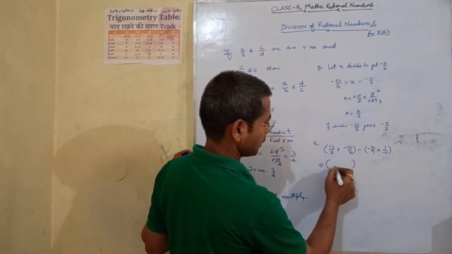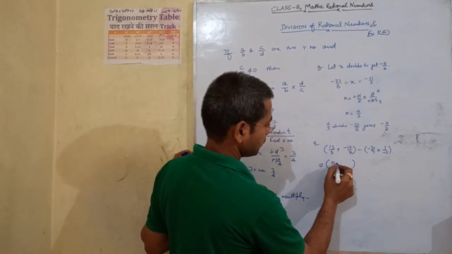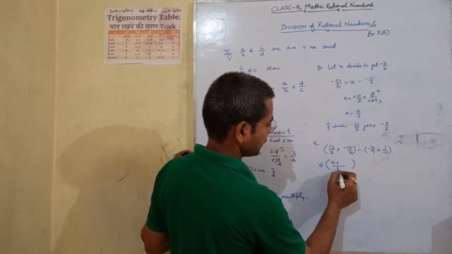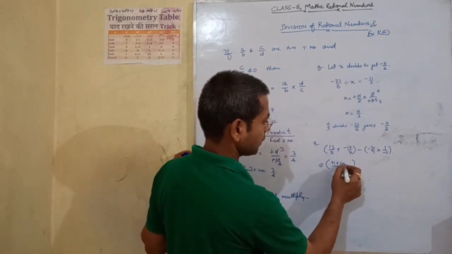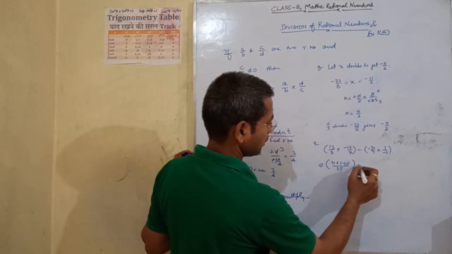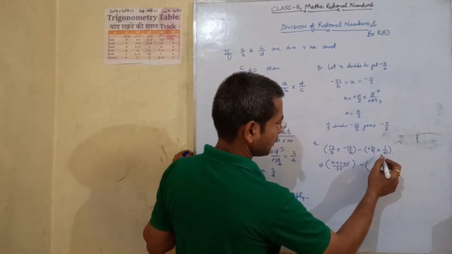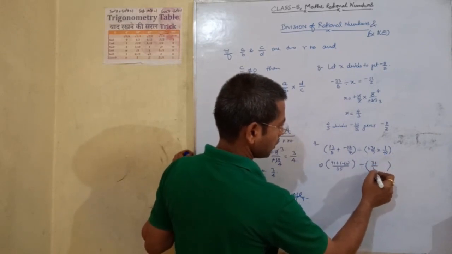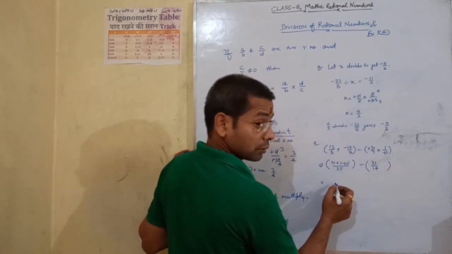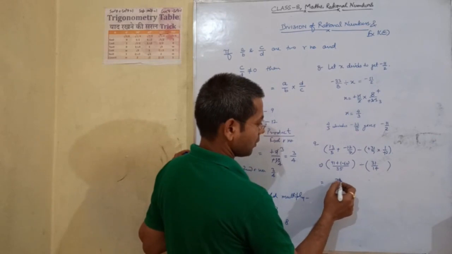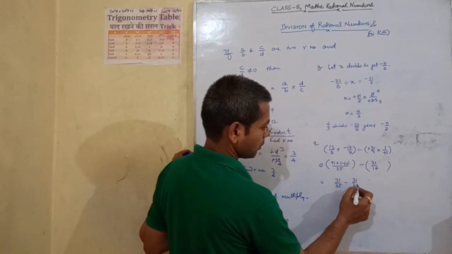We will calculate the sum. The LCM is 35: 5 7s are 35, 35 13s are 91, 7 5s are 35, minus 12 5s are minus 60. Division is going on as it is, minus minus get cancelled.